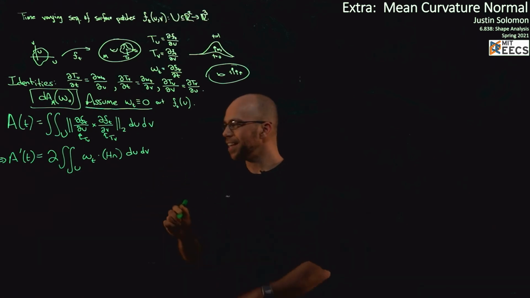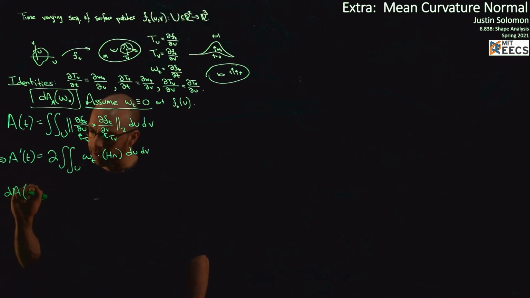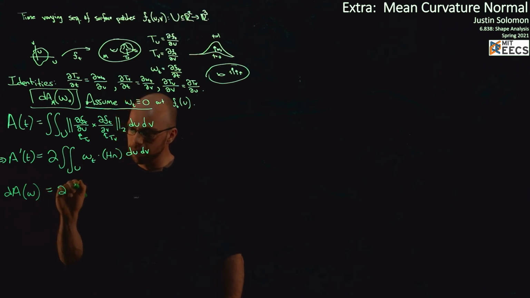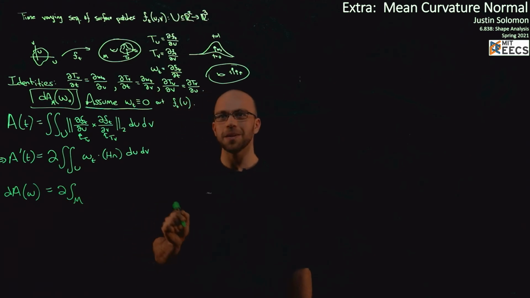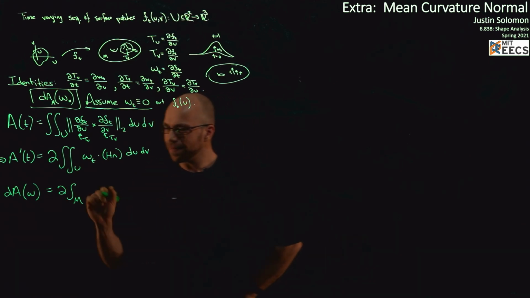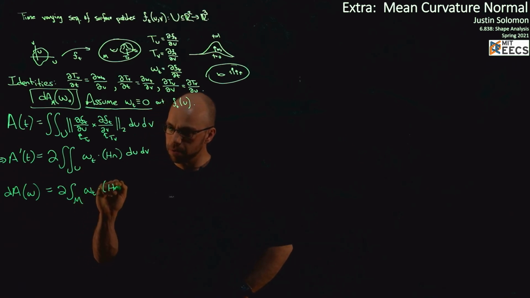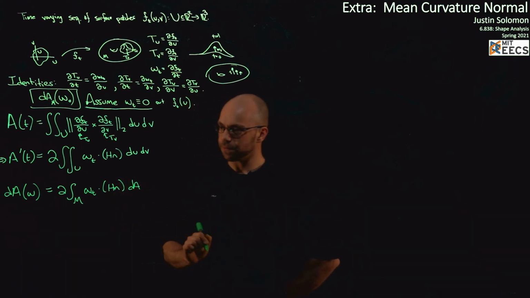So a kind of tidier way of writing the same thing is that we took the derivative of area in this vector field w direction, and we got 2 times the integral. I'm going to cheat and say over our surface. We didn't actually argue that, but a sort of partition of unity argument gets you there. Of w_t dot product the mean curvature normal, d area.